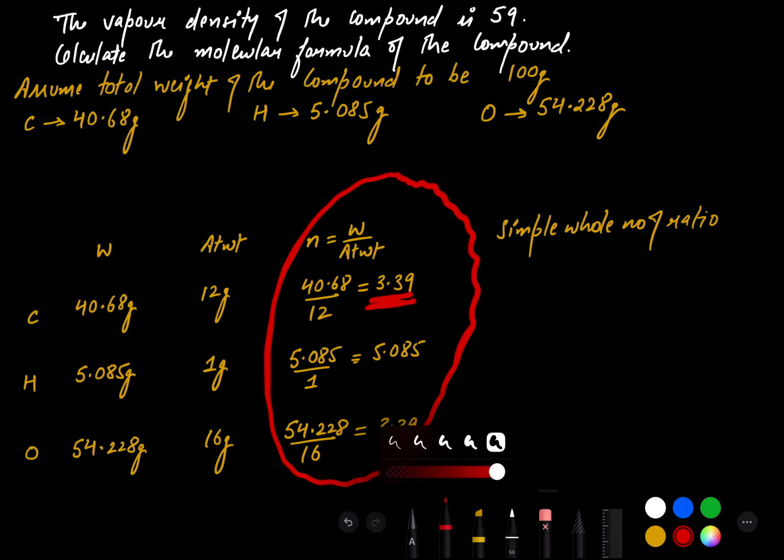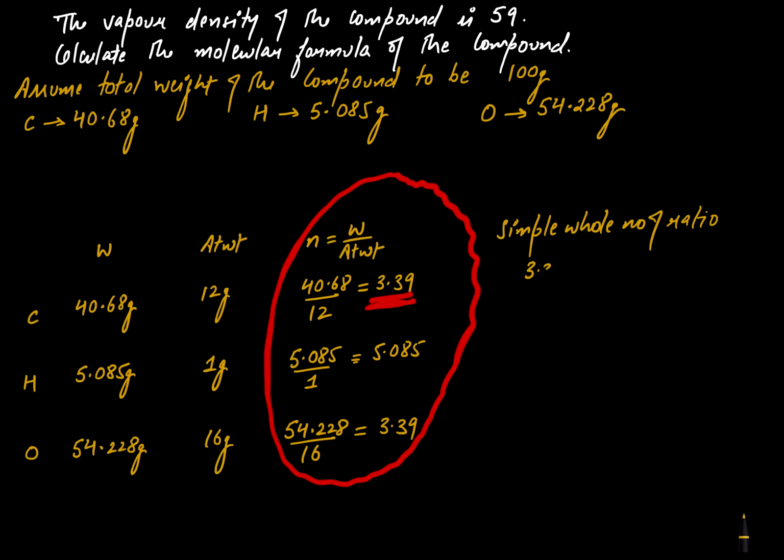That is 3.39 divided by 3.39, it comes out to be 1. 5.085 divided by 3.39 comes out to be 1.5, and 3.39 divided by 3.39 comes out to be 1.